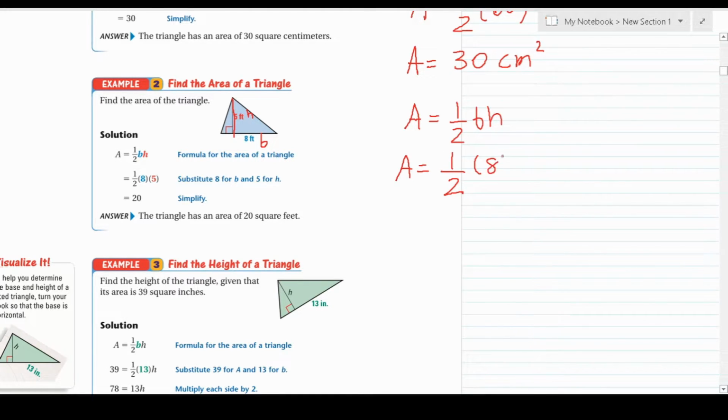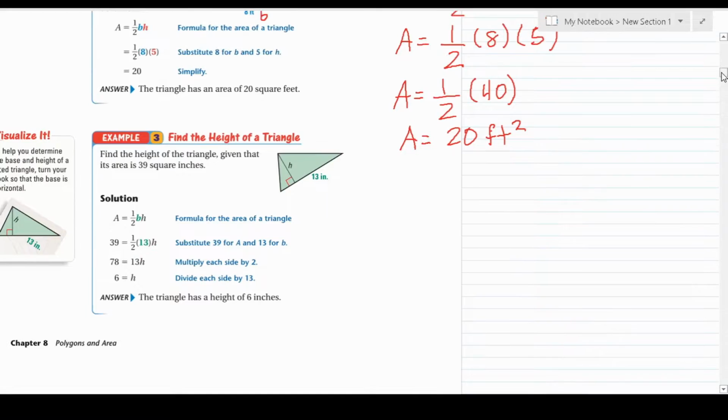Base is 8 in this case. Height is going to be 5. It's going to be 1/2 times 8 times 5, which is 40. Half of 40, we should know, is 20. So therefore, the area of this triangle is 20 square feet. All right, pretty simple. Nothing too difficult about this, but we will get to some challenging questions here in a second.